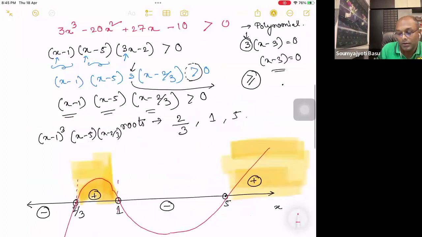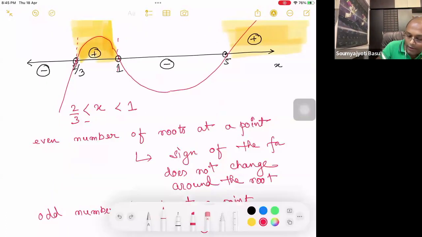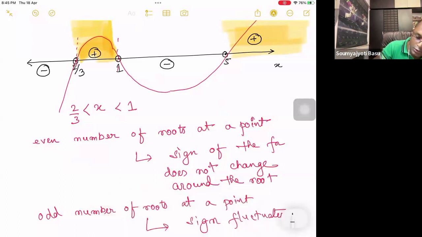Because this equation was just for finding out the regions where it is greater than 0, not greater than equal to. Also, you remember we had drawn circles around the roots. Whenever we have circles around the roots written, it must be less than or greater than, not less than equal to or greater than equal to.